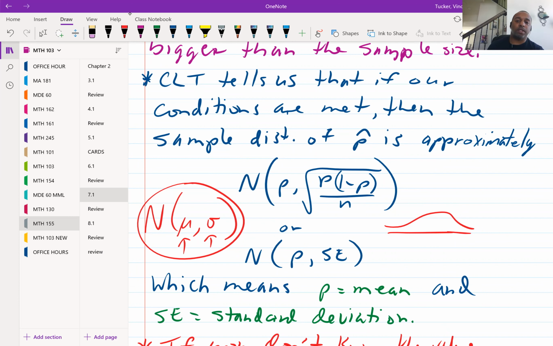So once again, once the conditions are met, this means that your p, remember, is our population proportion or population percentage. A lot of times they give it to us in a percentage. So p is going to be our mean, and the standard error would actually be our standard deviation.